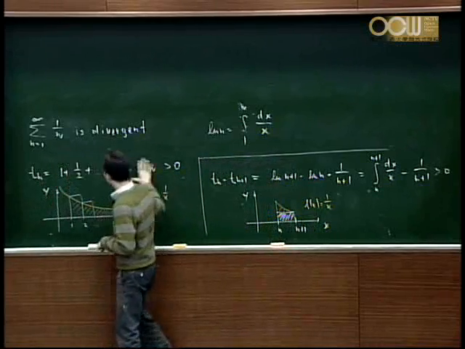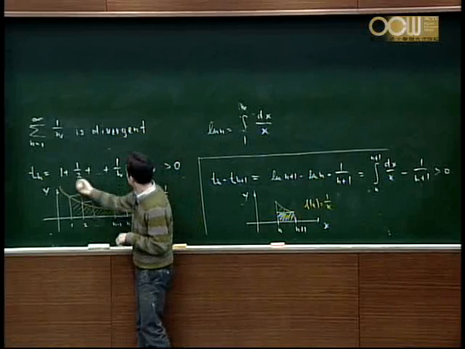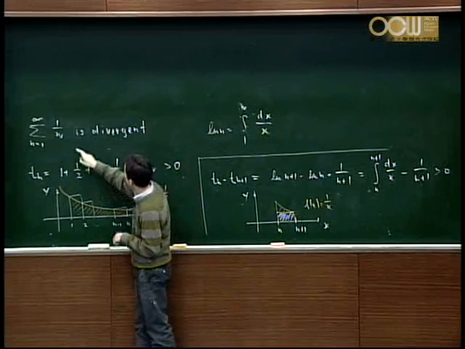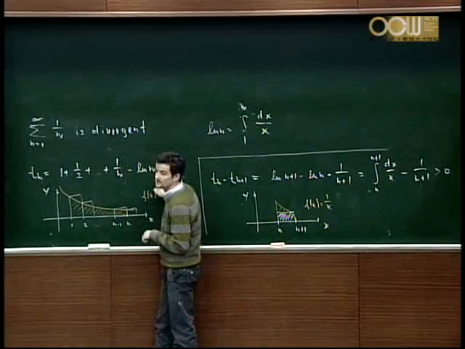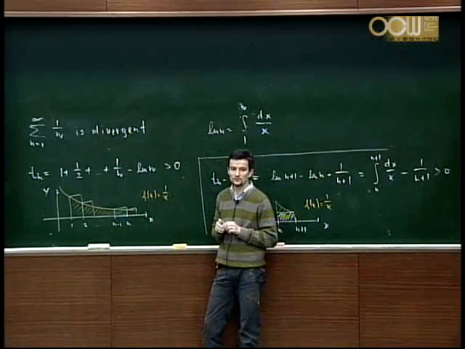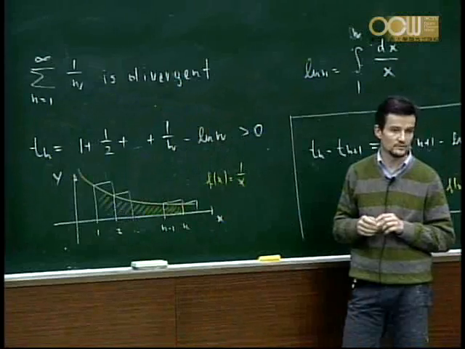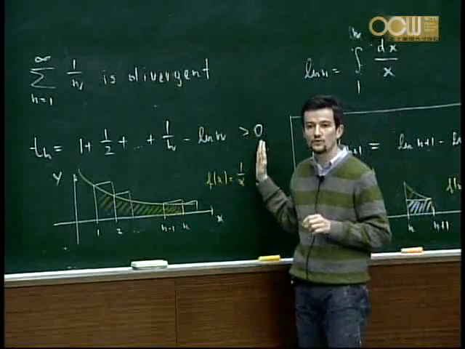You see, this sequence is pretty complicated, because it's defined as the first n terms of this series minus ln of n. Pretty complicated. But still we can use the monotonic sequence theorem in order to figure out that this will converge, because we proved bounded from below. It's always the same idea.